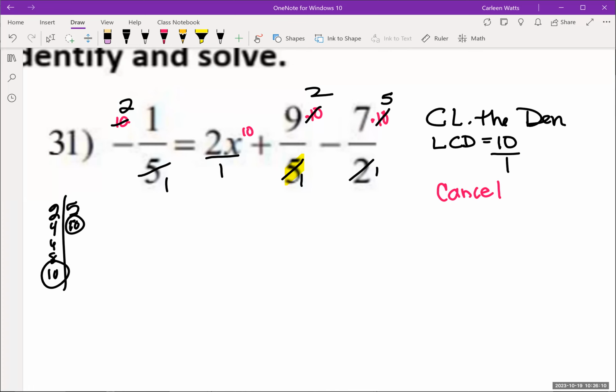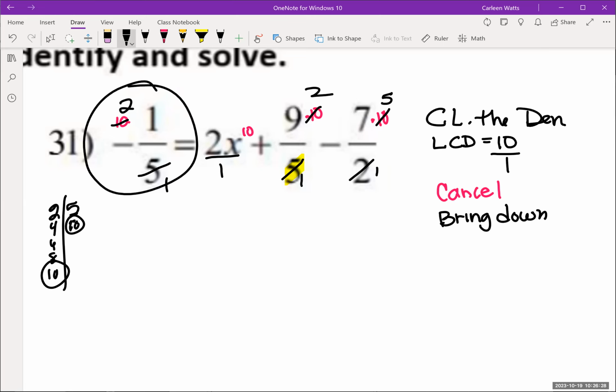Okay, we'll do a couple. Now we're going to bring down the equation. So this right here becomes -2. Yeah?